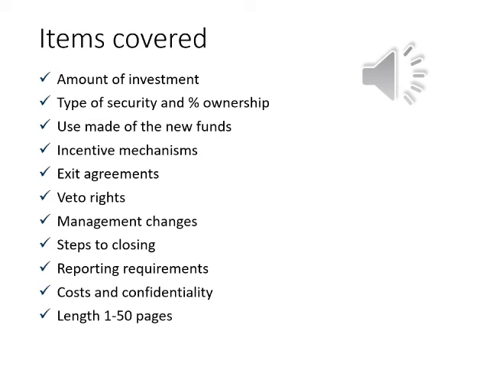Some of the main items covered in a term sheet will be the amount of the investment, the type of financial instrument, the type of security that will be deployed, and the percentage ownership as a result, what use will be made of the new funds injected into the company, any incentive mechanisms for management, what are the exit agreements for the private equity fund to exit their investments, what are the veto rights that are going to be given to the private equity investor, any changes in management as a condition of the deal, what are going to be the steps to closing, what are going to be the reporting requirements of the company post-investment, what are the costs of due diligence and the confidentiality agreements.